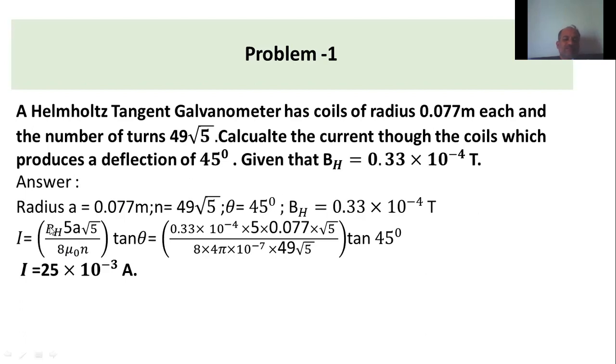We have to substitute in the direct equation: I = BH × 5a√5 / (8 μ0 n tan θ), and we come to know that I is 25 × 10^-3 amperes. That means 25 milliamperes.